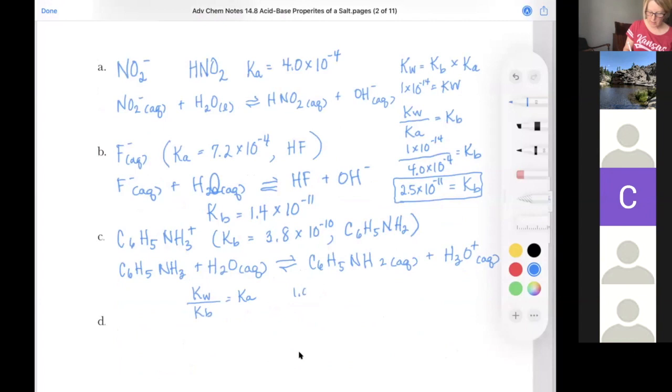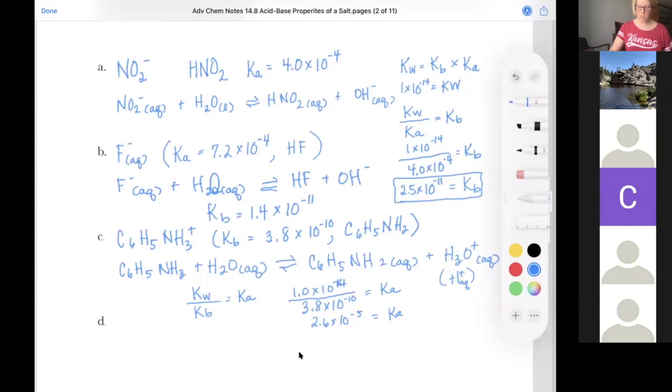So it's 1 times 10 to the negative 14th divided by 3.8 times 10 to the negative 10th. And that is the Ka, which when you calculate it comes out to 2.6 times 10 to the negative fifth. Over here, you can also just write this as H plus aqueous. You don't have to write it as H3O plus.